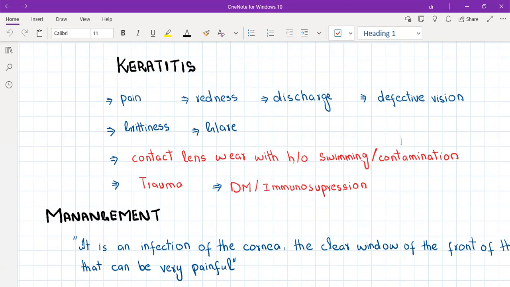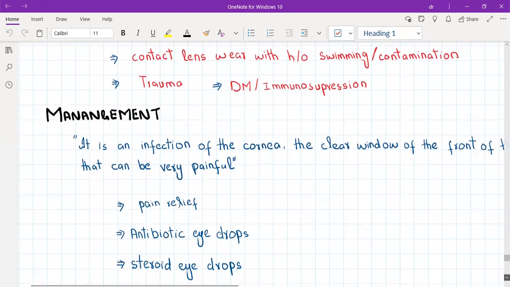They might not be cleaning them with contact lens solution. There might be some history of contamination of the contact lens solution. There may be history of swimming while wearing contact lenses. So these patients will have a history of wearing contact lenses, which has resulted in infection of the cornea, or they may have history of trauma to the cornea, or they may be diabetic or immunosuppressed. In those patients, viral keratitis is also common. So you might find these points in the history.